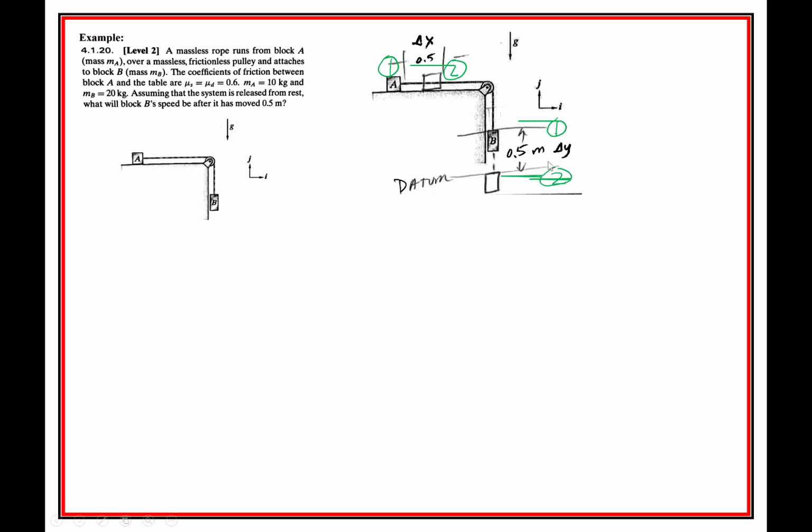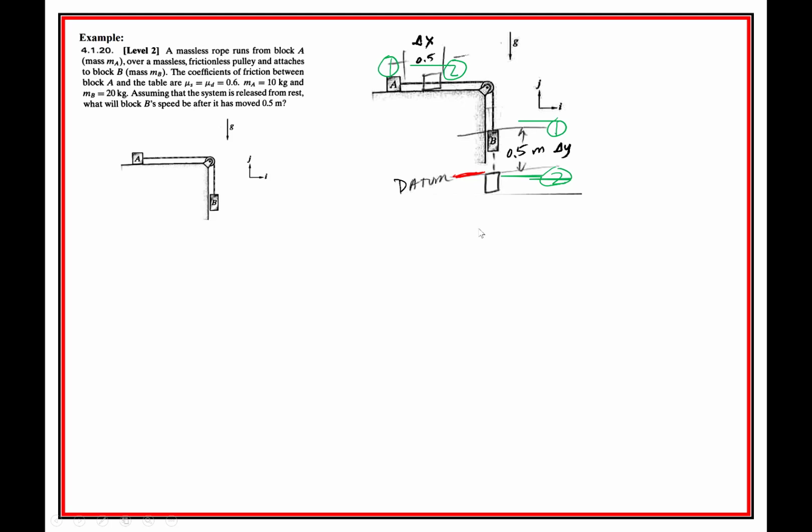So one of the very first things that we want to do when looking at this, if there's a potential energy change, which there is here, is define a datum. We could define that anywhere, but it's usually convenient to pick where the potential energy is going to be 0 and consider that the datum.